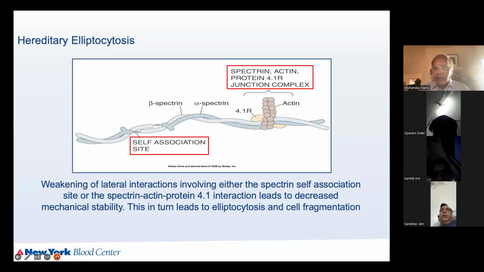If you have mutations in spectrin or protein 4.1, you again weaken the strength of the membrane skeleton and the cells fragment as they go through circulation. So in hereditary spherocytosis, it is the linkage of the membrane to the skeleton that is responsible for spherocytosis, whereas the weakening of the interactions in the skeletal structure itself is responsible for hereditary elliptocytosis.